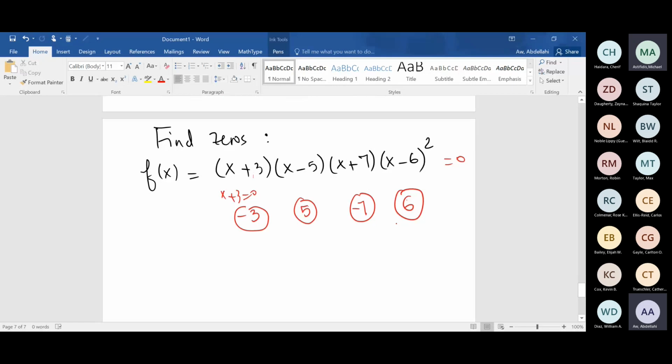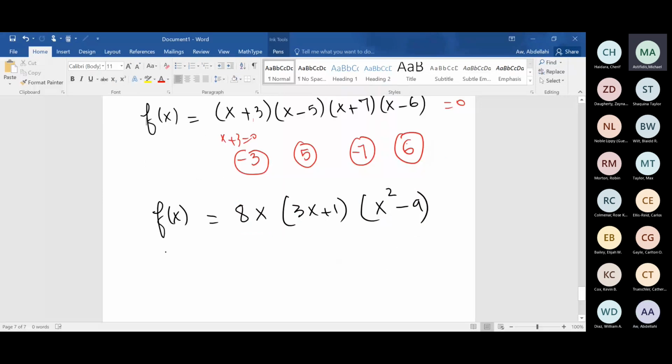Everybody see that? Okay, let me give you another one now. f of x equals 8x times 3x plus 1 times x squared minus 9. What are the zeros now? 0, yeah.